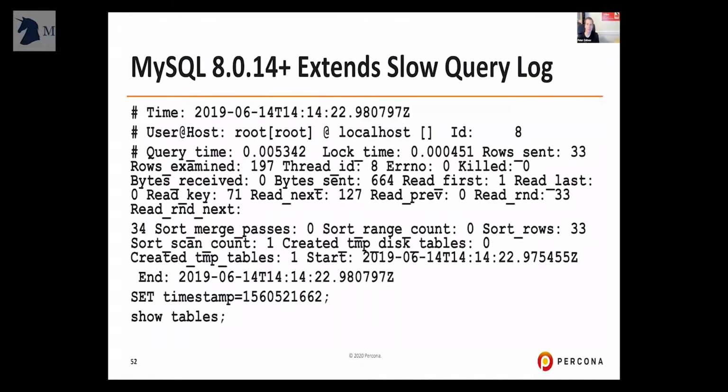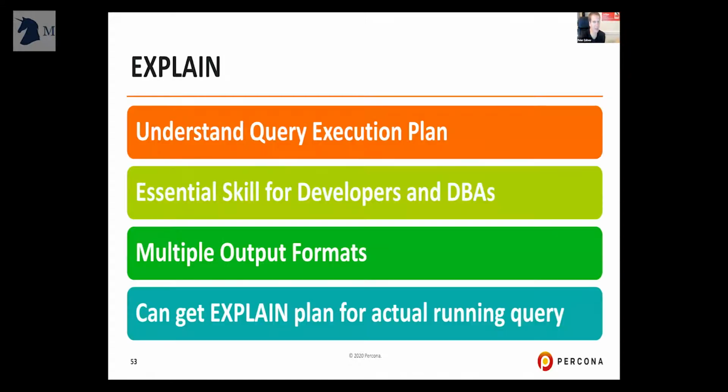If you look at MySQL 8.0, you now also can enable the extended slow query log, which will log additional information, such as rows examined, bytes received, bytes sent, and so on and so forth. This is similar information to what you are getting in the Performance Schema, but it's great to see that also made available in standard MySQL.